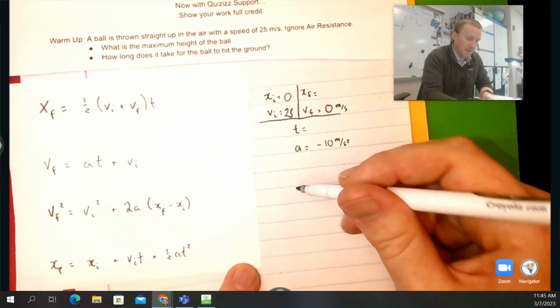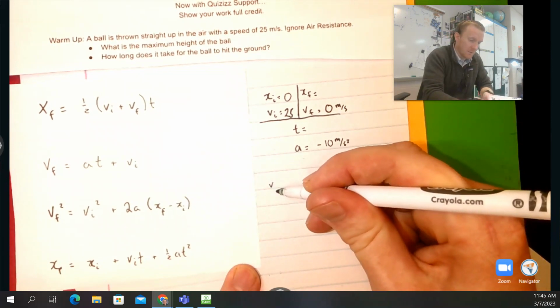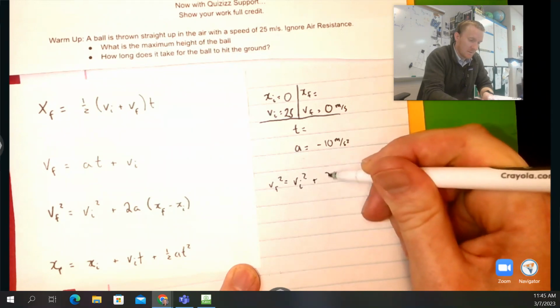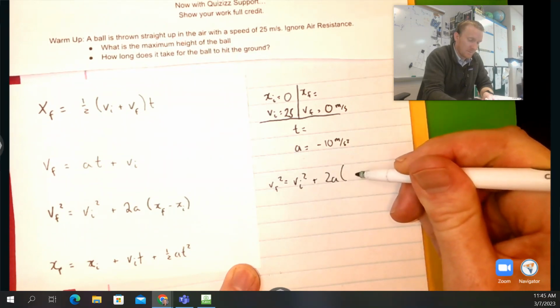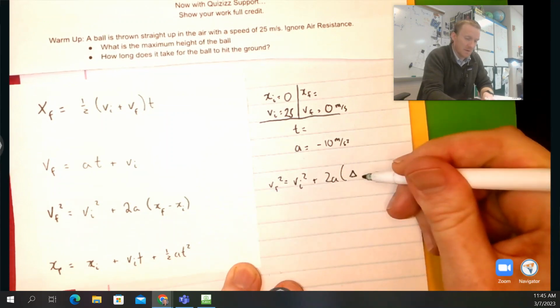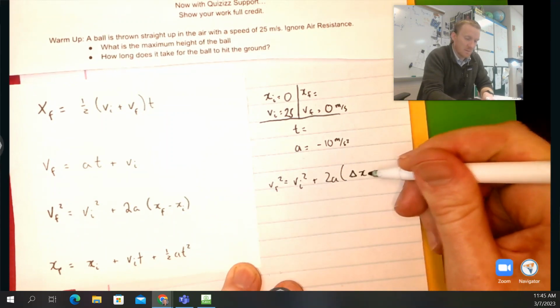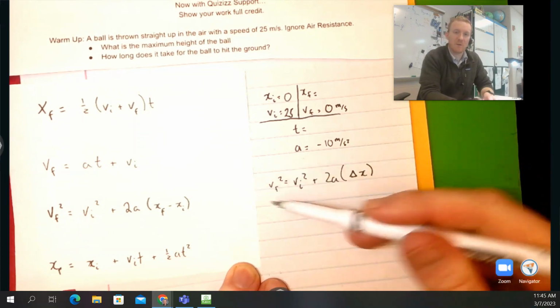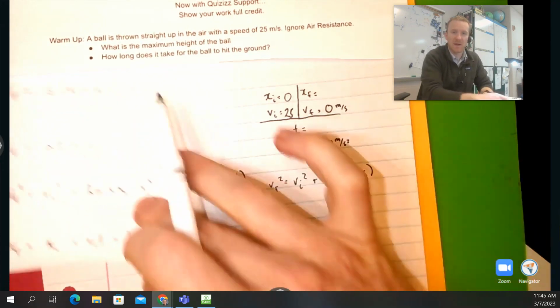So I'm going to go ahead and rewrite this formula just so I've got it. And instead of writing this out, I'm just going to simplify it and say change in position, okay? Because that's going to be the same thing as my maximum height. So now we're just plugging in the variables that we have.